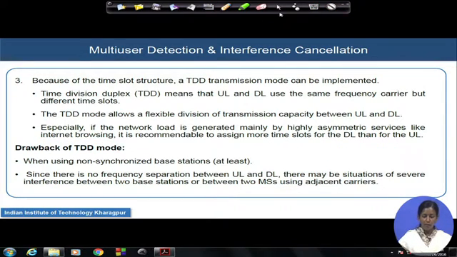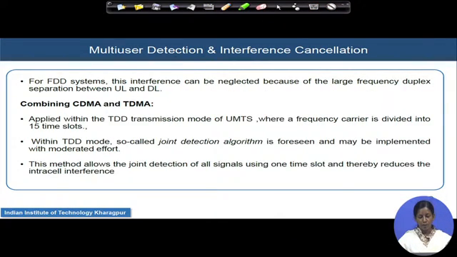So, a high level of synchronization is expected between the base stations in this situation. For the FDD system this can be neglected, because the uplink and downlink have two completely different frequencies dedicated for them.